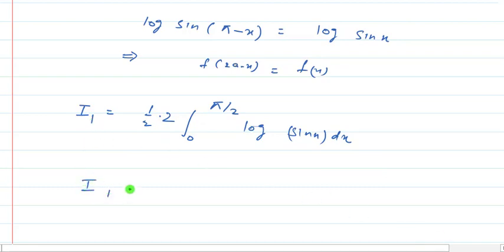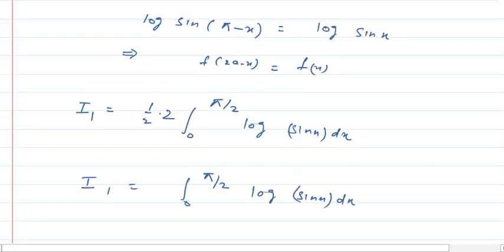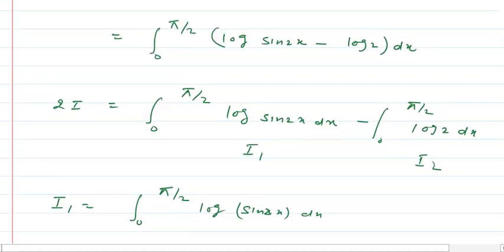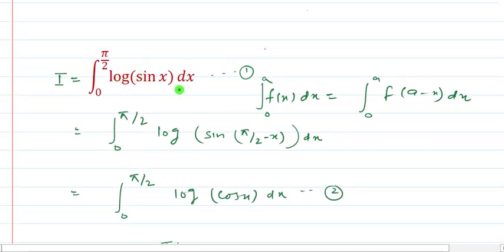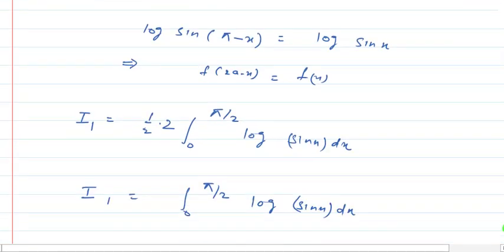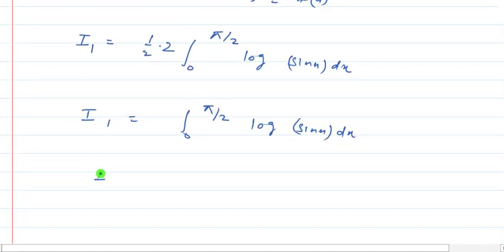So we are getting I1 is equal to 0 to pi upon 2 log sin x dx, which is nothing but simply the function which was given to us in the starting. So this can be written simply as I. So we are getting I1 is equal to I over here.